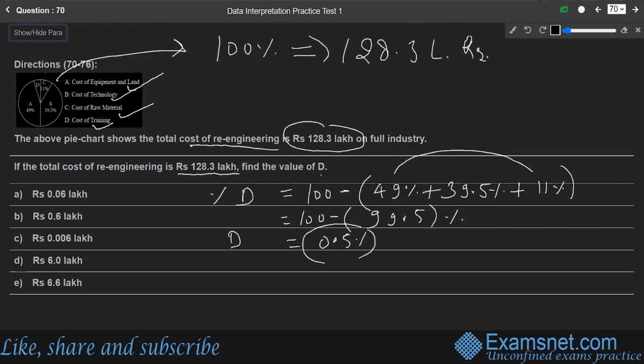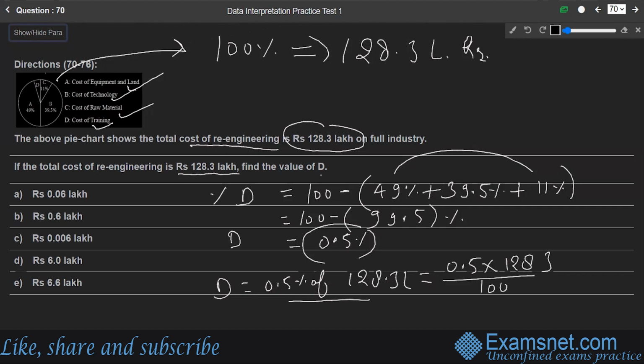Now they want us to find the value of D. The value of D is 0.5% of the whole cost. The whole cost is 128.3 lakh rupees, so we find 0.5 into 128.3 divided by 100.